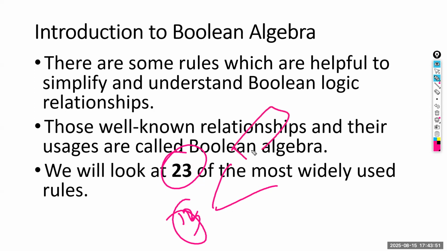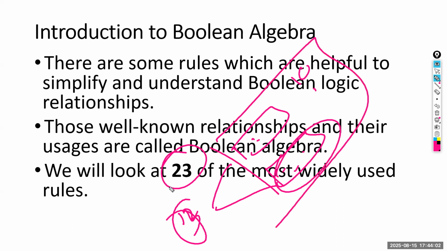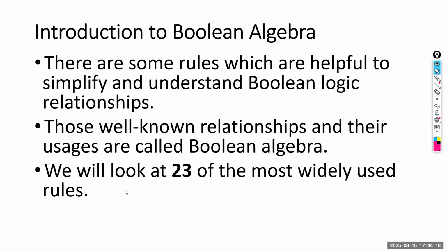So when you know this rule, you can just write down the other rule. So when you write down about 10 rules, you can write down the other 13 rules and say these are my 23 rules. So don't worry. You don't need to memorize 23 rules. Actually, you need to remember about 10 rules, because others are its dual, but not always in some cases. Okay. So that is good news. If you are afraid of memorizing 23, no, it's going to be just about 10.